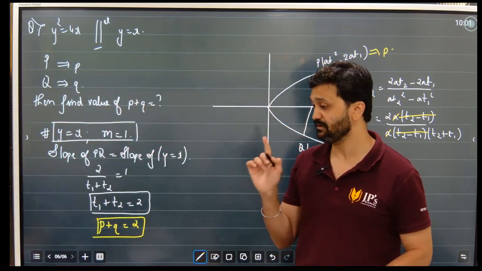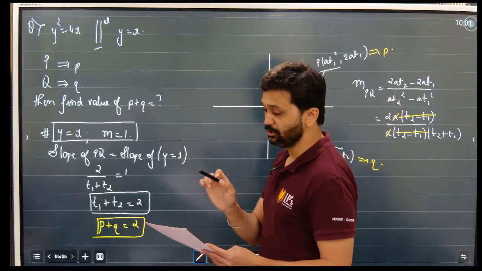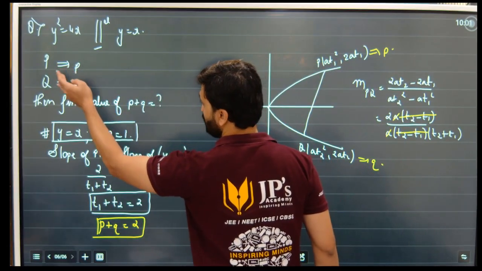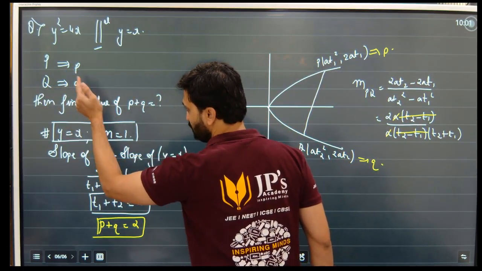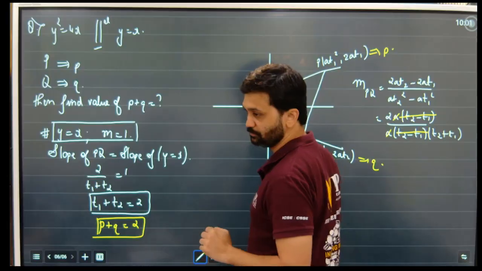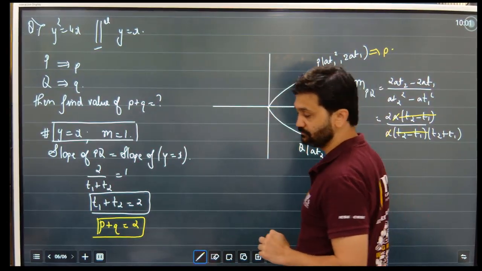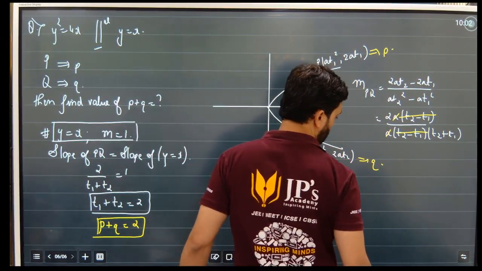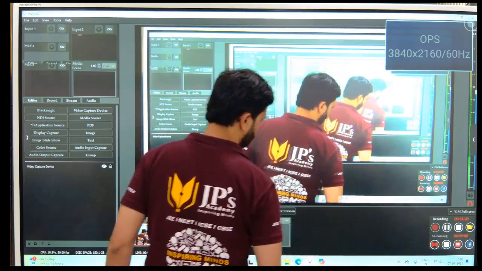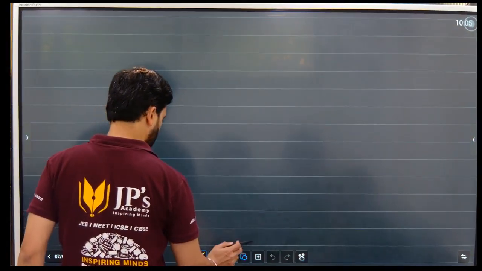They have specifically mentioned that your parameter for capital P is small p, and your parameter for capital Q is small q. Hence, I have got the value of p plus q is equal to 2. Do you guys understand this? Please write this down. Start drawing your web.